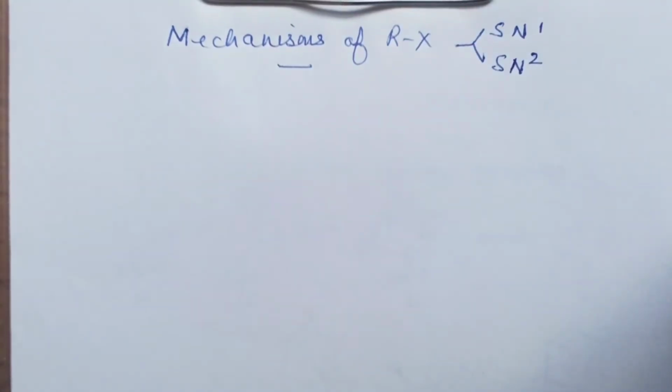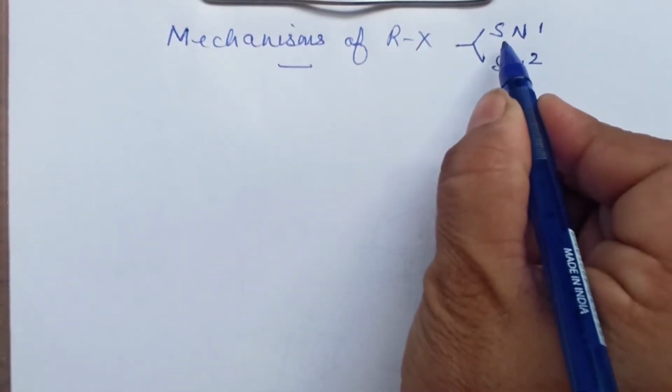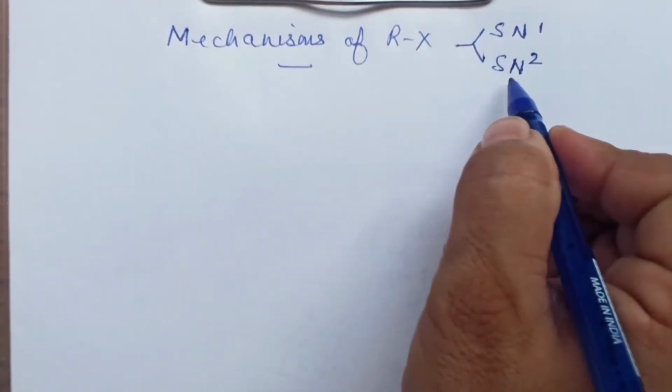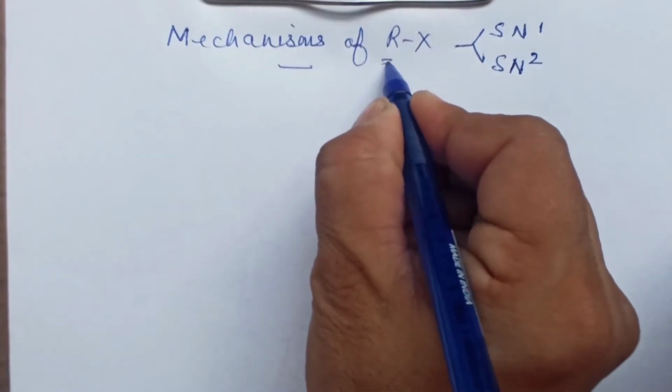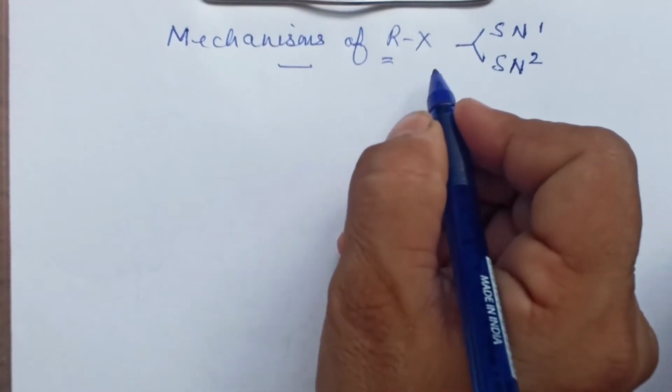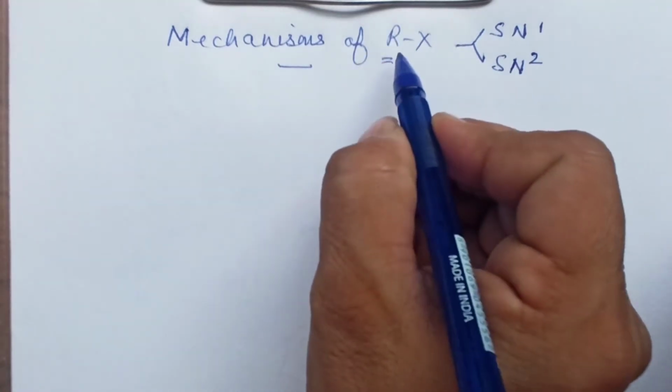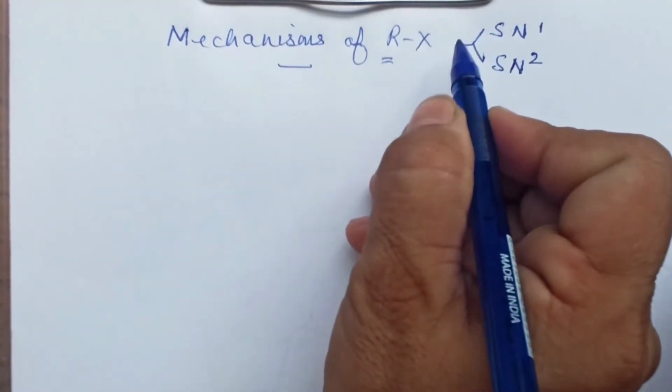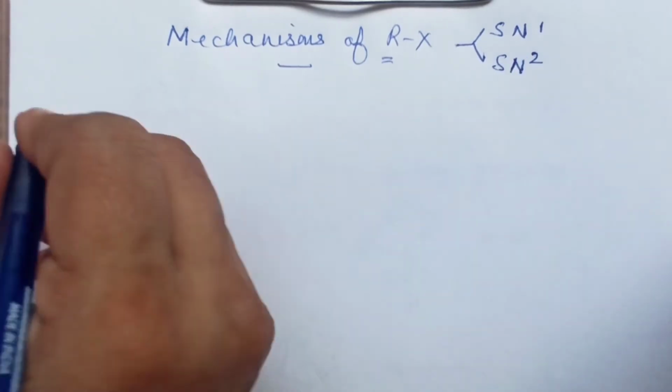We are going to discuss both. Whether it will be SN1 or SN2 will depend mainly on the alkyl group, the order of reactivity. When we discuss each one further, it will be clear how R affects what type of mechanism it will follow.